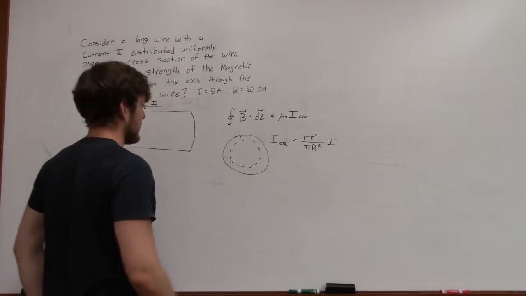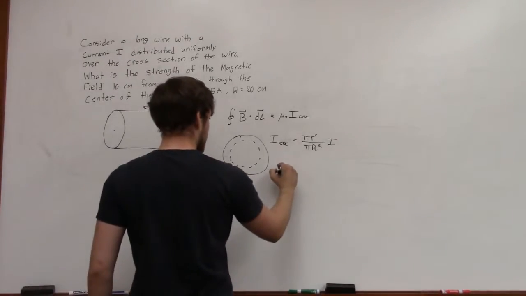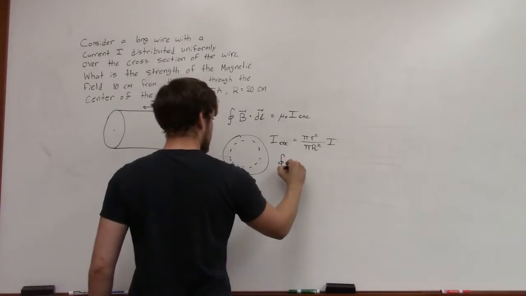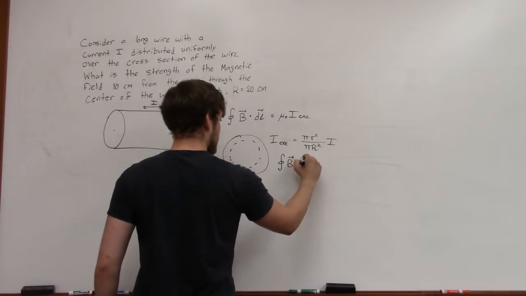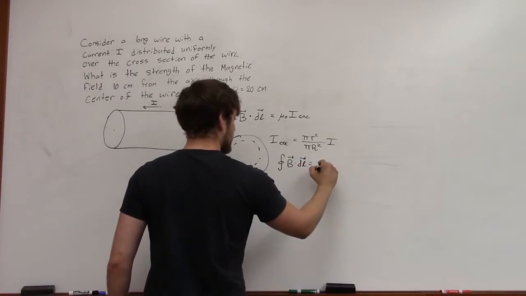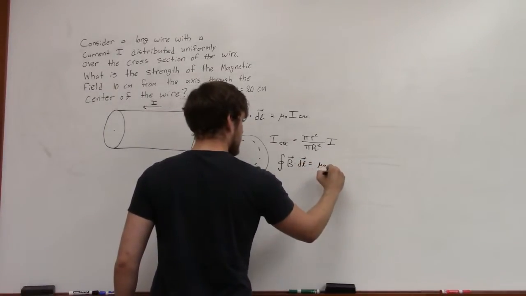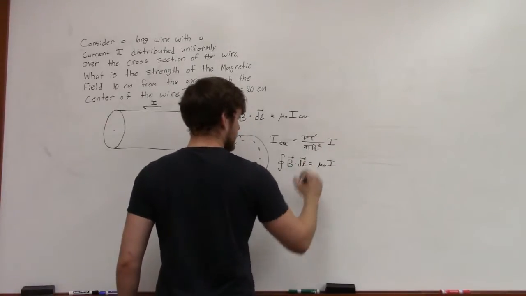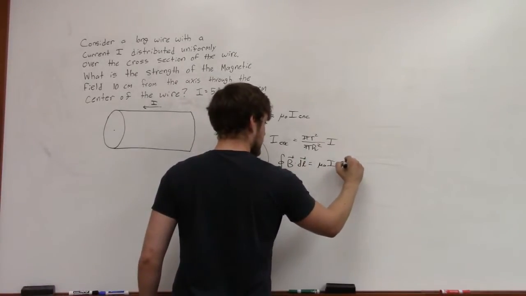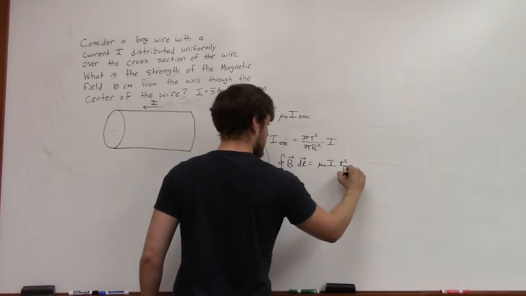So now that we have this, we can plug this into Ampere's law. Integral B dot dl is going to be equal to mu naught I times, these pi's just cancel, and we're left with little r squared over big R squared.